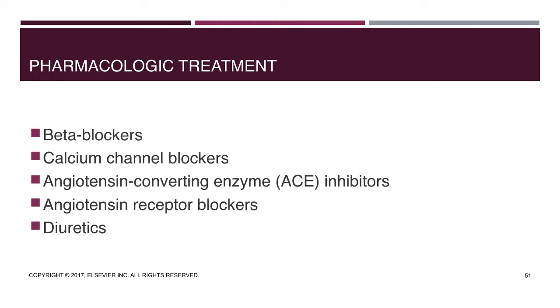Pharmacologic treatment includes beta blockers. So usually we start with the angiotensin converting enzyme inhibitors, the ACE inhibitors, but as you know, there are side effects that are associated with those, such as that dry cough. And so often they are put on the angiotensin receptor blockers, the calcium channel blockers, and often diuretics are added as well.